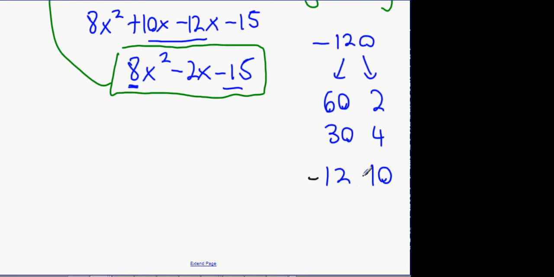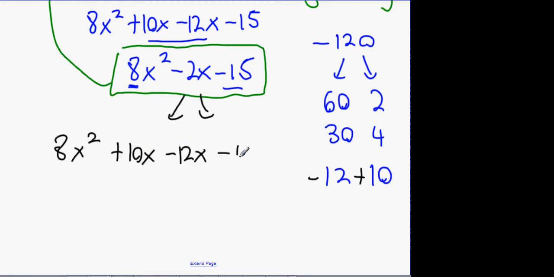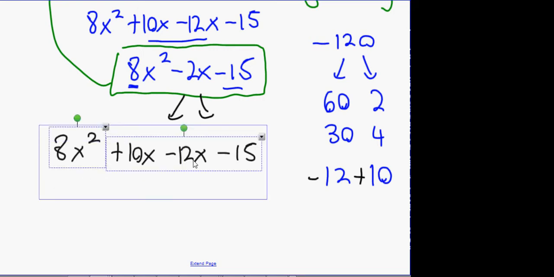Now guys, here's the big difference between the method you did and the method you're doing now. Ready? We're doing this. Look, 8x squared. We're going to break up the minus 2x into plus 10x minus 12x. Weren't those the two numbers you gave me? Yeah.